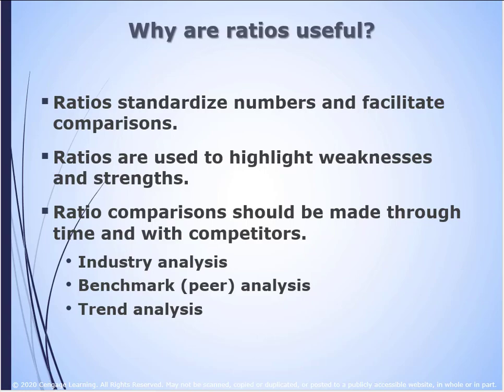And all of this is typically done with the idea of a trend analysis. We want to look at history. How has the company been doing for the past 5 years? How has the industry been doing for the past 5 years? If our profits are declining, but the industry on average is increasing, that is important information for us to know.